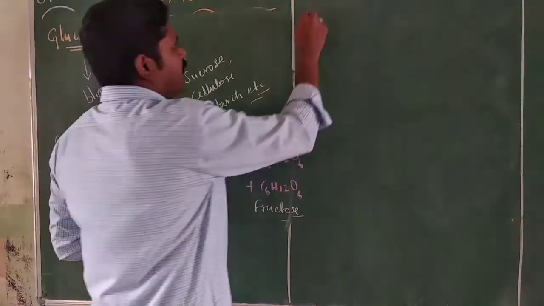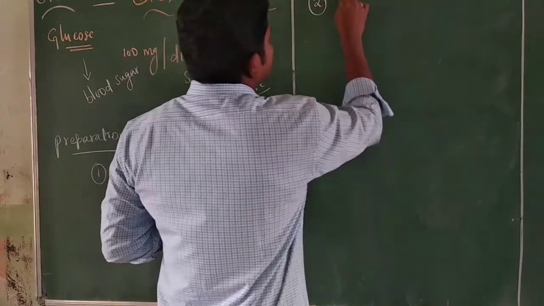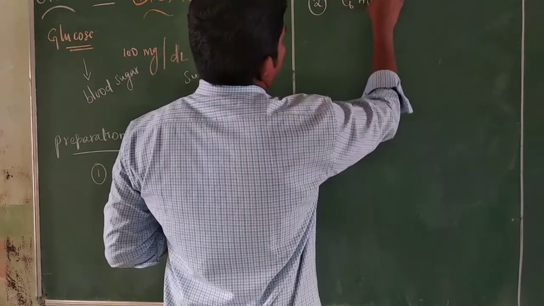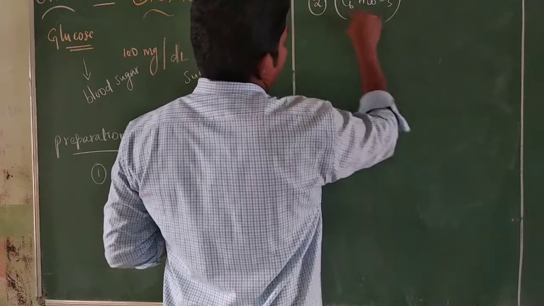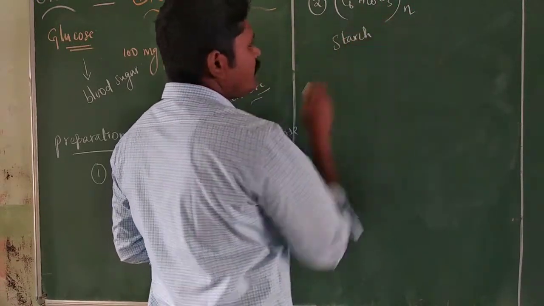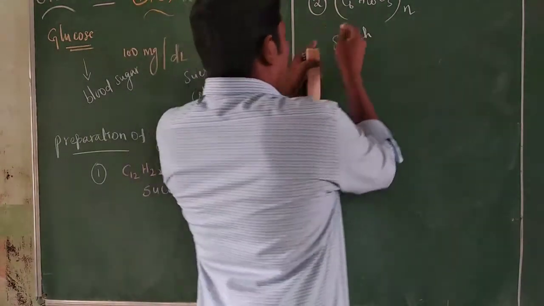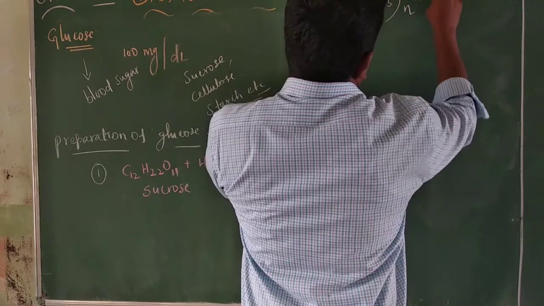The second preparation is the commercial preparation from starch, (C6H10O5)n.